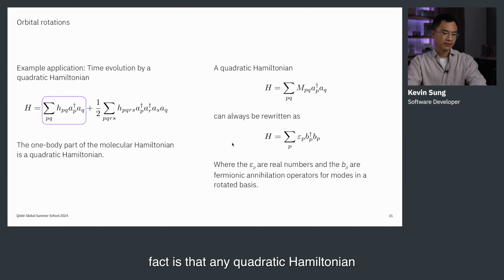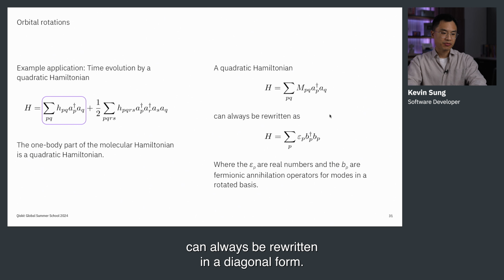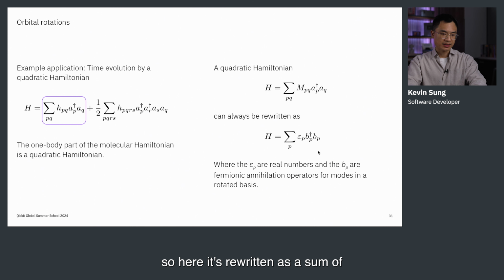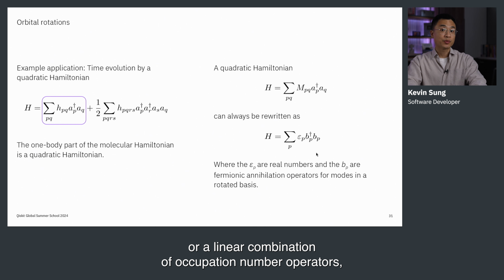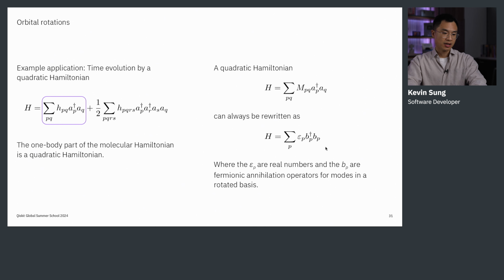And a useful fact is that any quadratic Hamiltonian can always be rewritten in a diagonal form. So here it's rewritten as a linear combination of occupation number operators on a different set of modes.